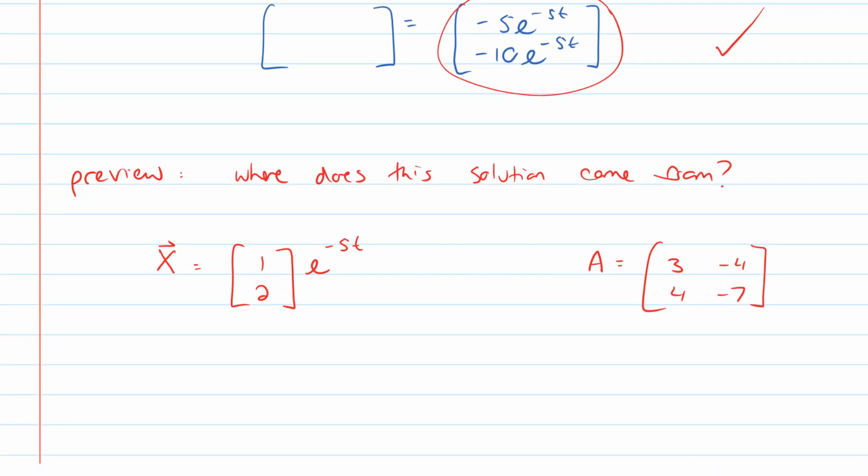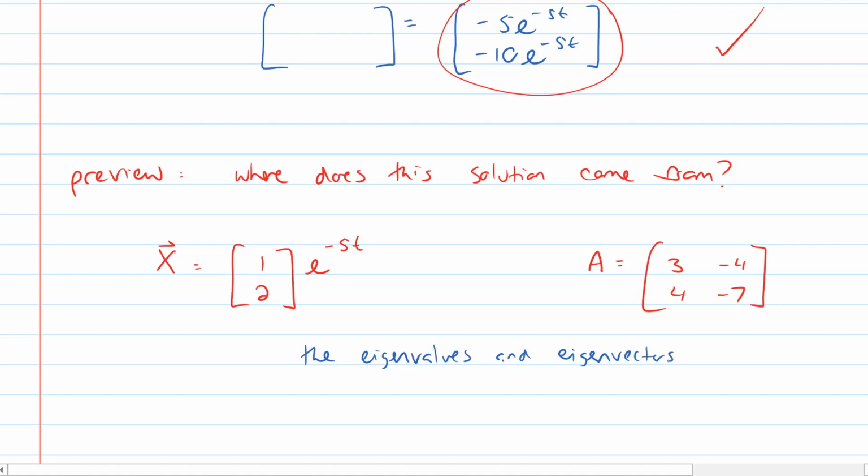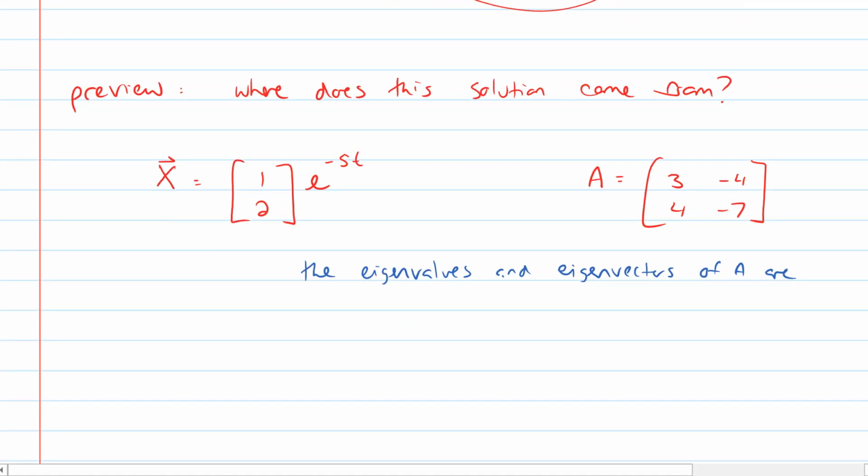Now if we take a look at A, then the eigenvalues and eigenvectors of A are, using our knowledge of linear algebra, we get that lambda 1 is equal to 1 with vector x1 equal to 2, 1.